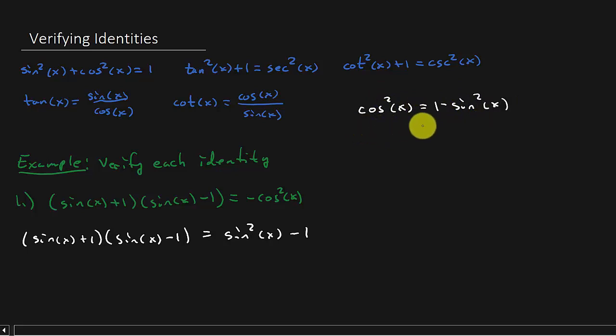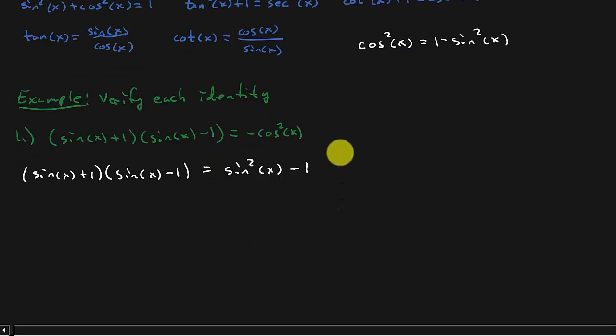So you can see this right-hand side looks real close to this. It's just that the sign in front of sine squared and the sign in front of 1 are opposite. This is a plus in front of the 1, this is a minus. This is a minus in front of sine squared, this is a plus in front of sine squared.